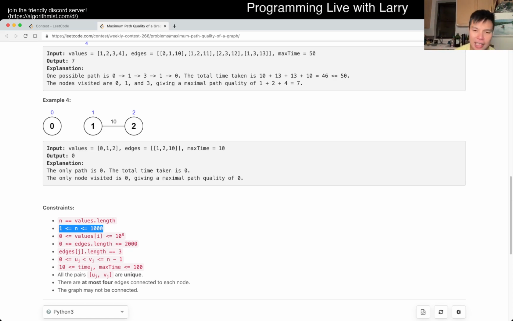Like I said, most of the problem is in the constraints, and to spoil the answer for you, the reason why this is a gotcha problem is that the answer is brute force.